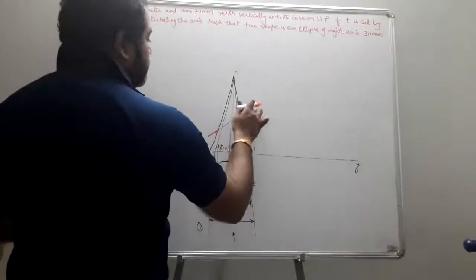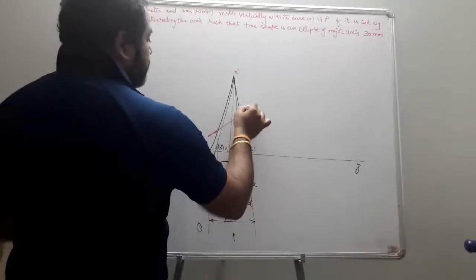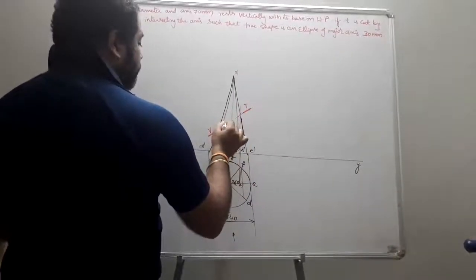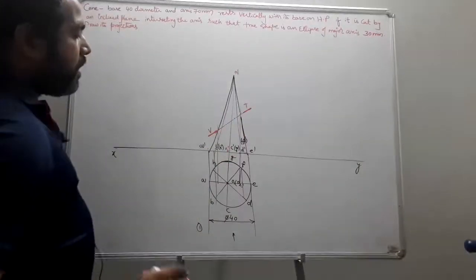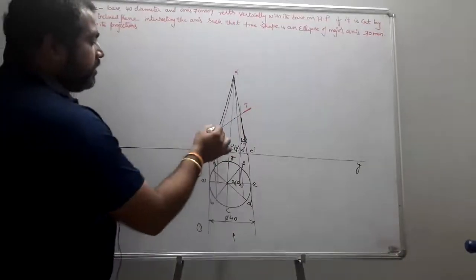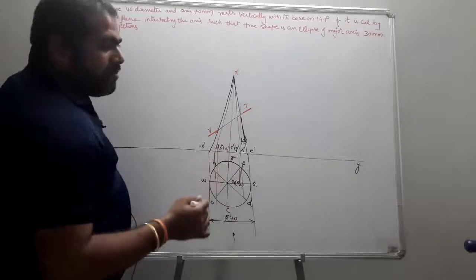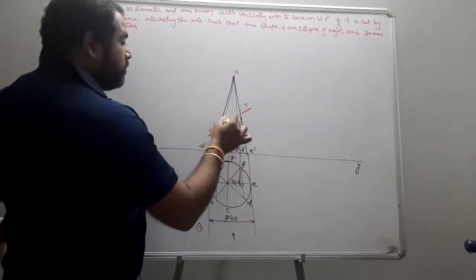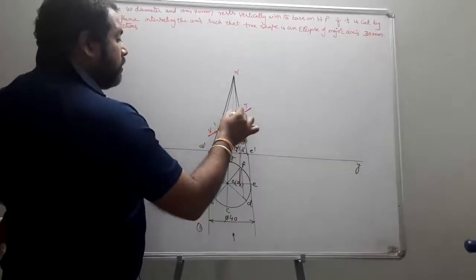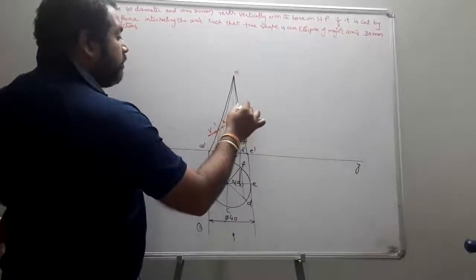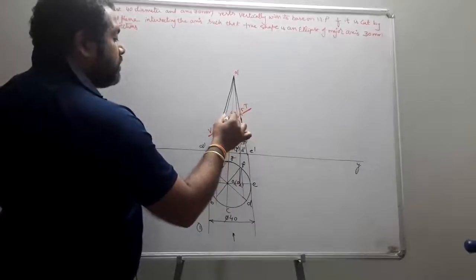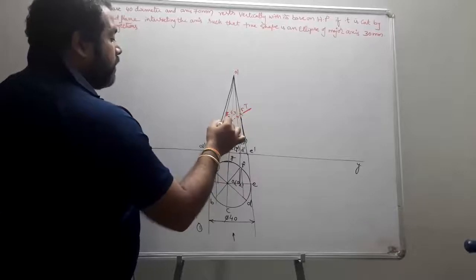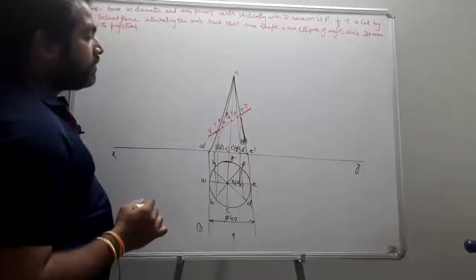This becomes your VT. And now give the numbering. You are going to divide into 8 divisions, you obtain 8 points. So 1, this was 2, 3, 4, 5, 4 comma 6, 3 comma 7, and 2 comma 8.